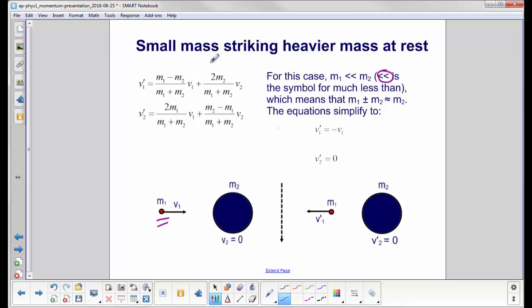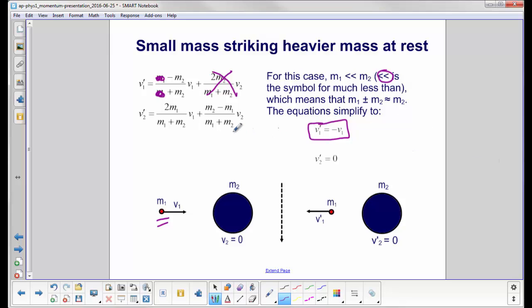So we have V2 is 0. Once again, this whole term goes out. Now, since M1 is much, much smaller, in this case we get rid of this, we get rid of this, and we have negative M2 over plus M2, which is negative 1. So V1 prime is equal to negative V1.